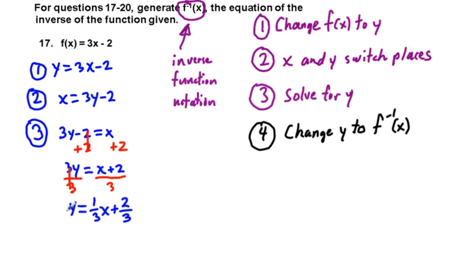So we come over here, step 4, we have f-1, and this -1 looks like -1 power, but it's not. It's what the convention is for inverse function notation. And so there it is, the four-step process.